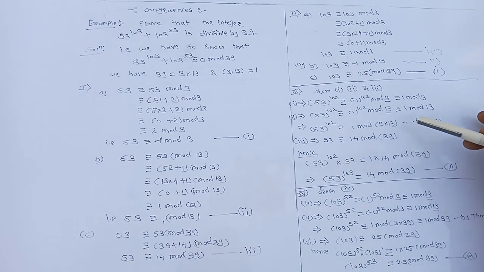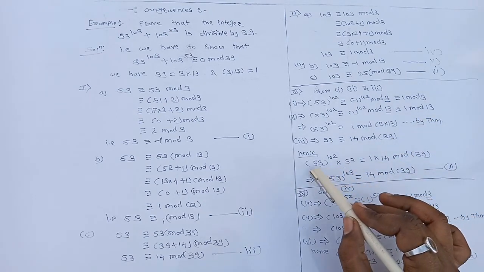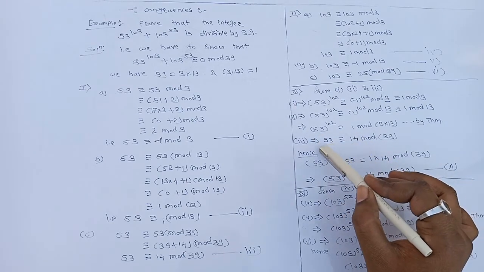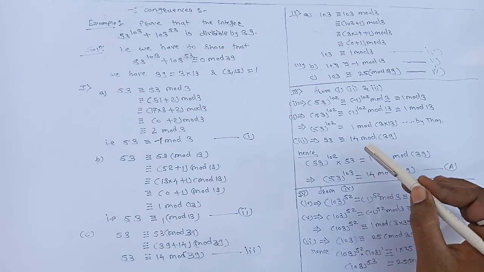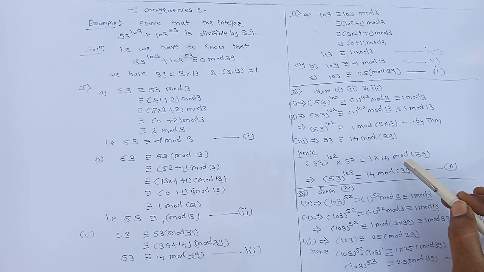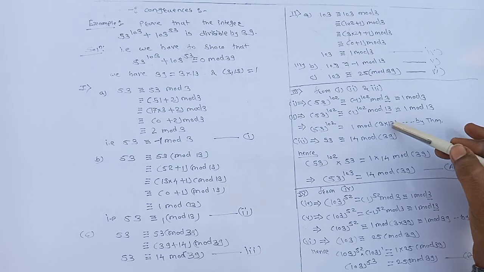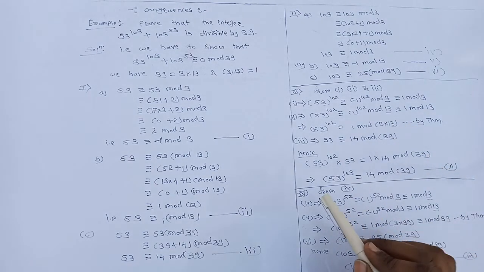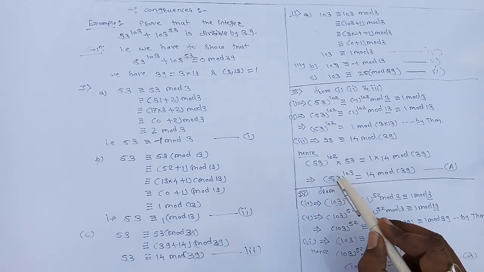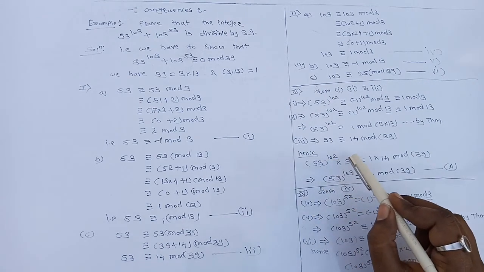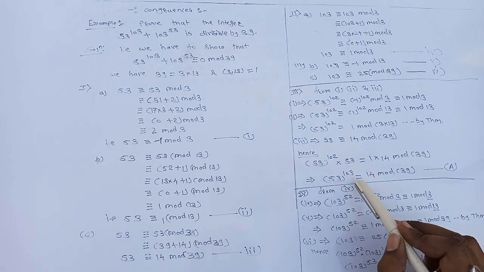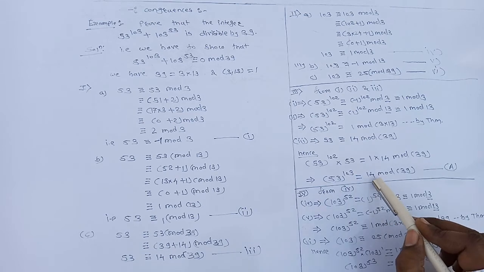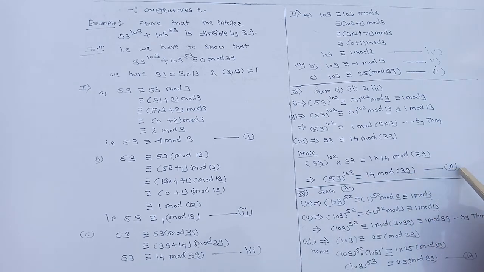Now from this you can write 53 raised to power 102 into 53 congruent to 1 into 14 mod 39. This is by theorem. So you can write 53 raised to power 103, that means 102 plus 1, congruent to 14 mod 39. This is equation number A.